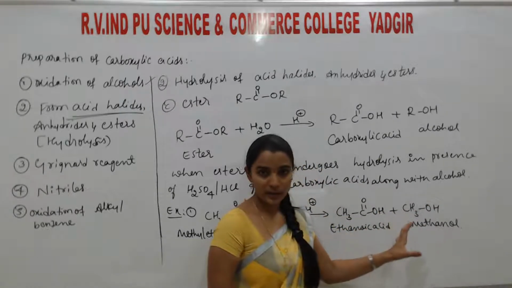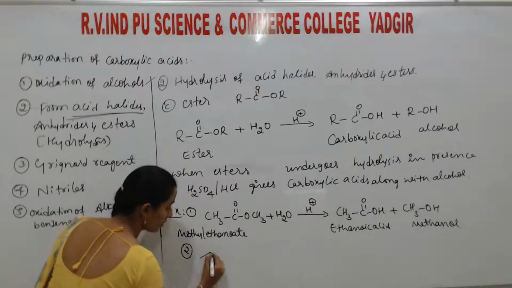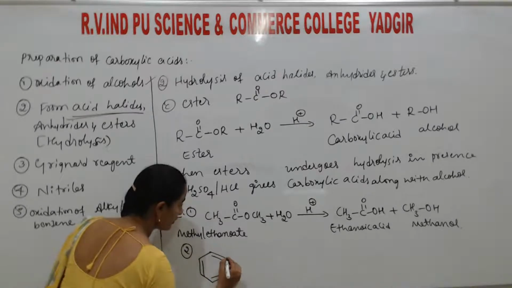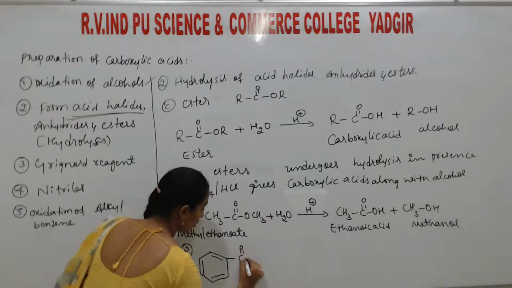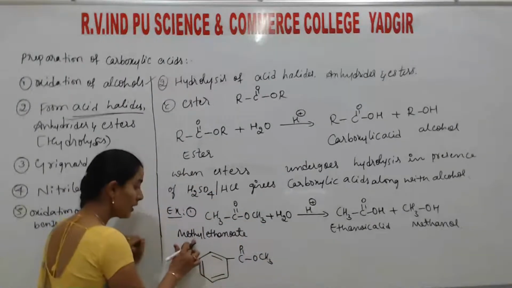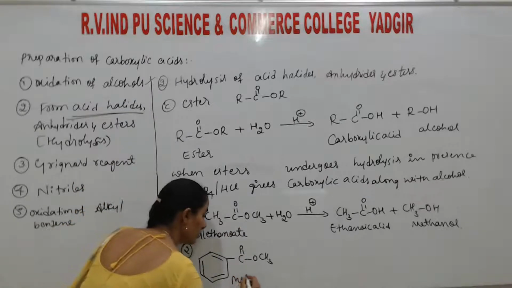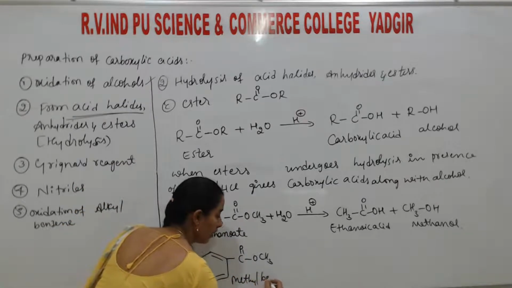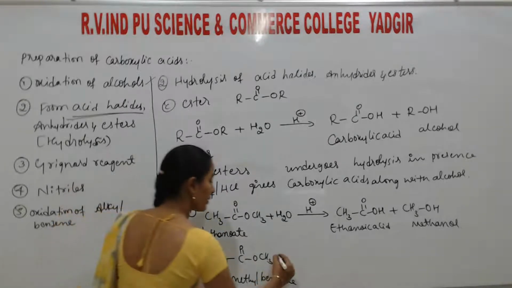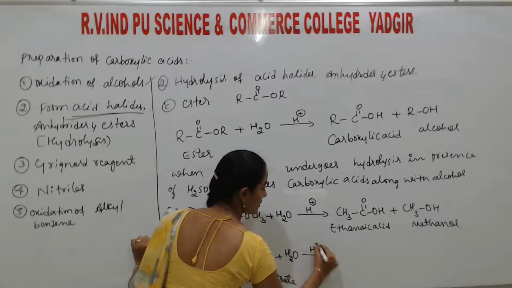This is the explanation. In the place of this, if you take a benzene ring, as I told you, 2 benzene rings cannot be possible. This is methyl benzoate. Understood? This is methyl benzoate, which undergoes hydrolysis. The reaction is the same, only the reagent is different.